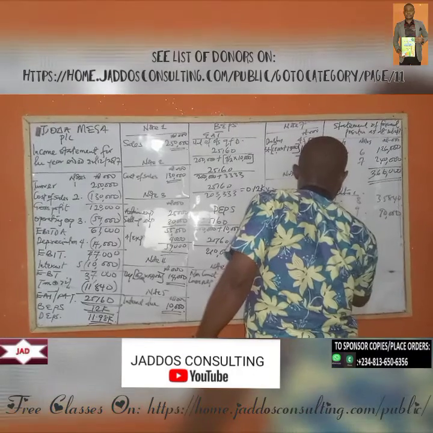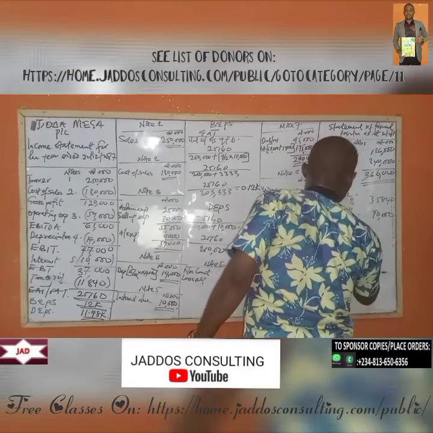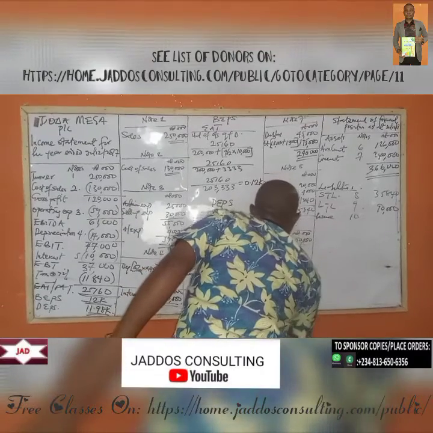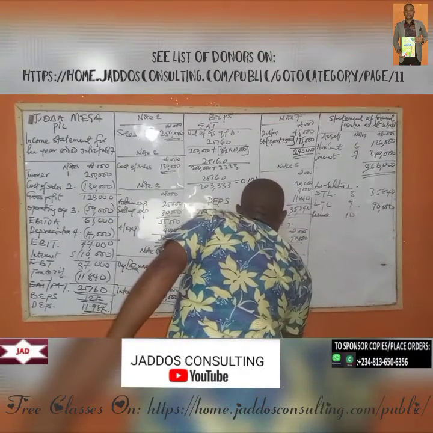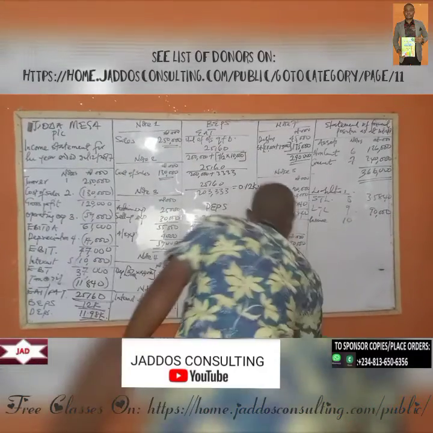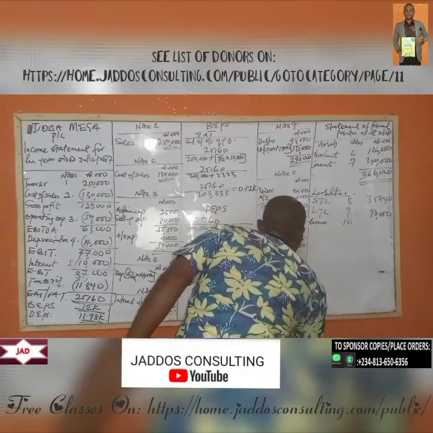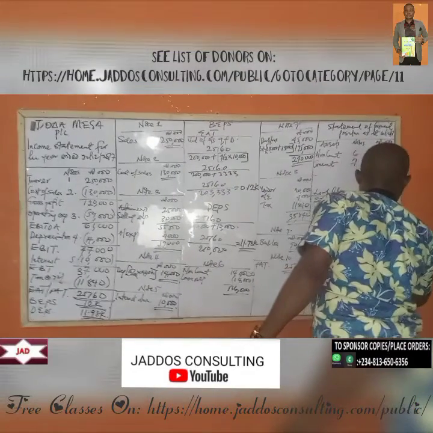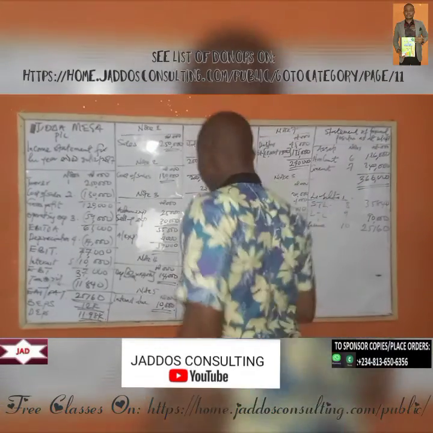Our reserve. That's our profits after tax. What do you have there? 25,160.